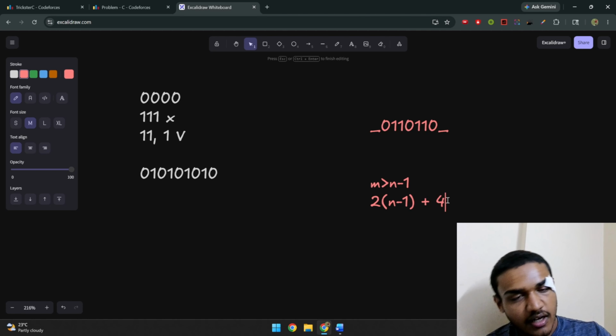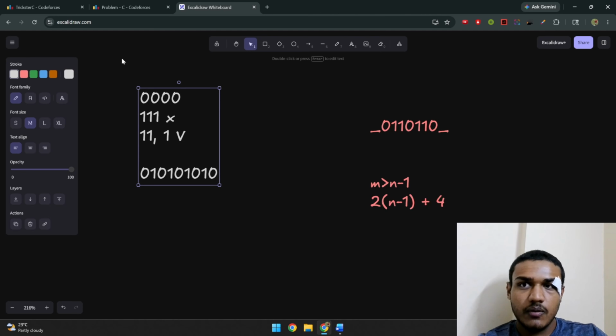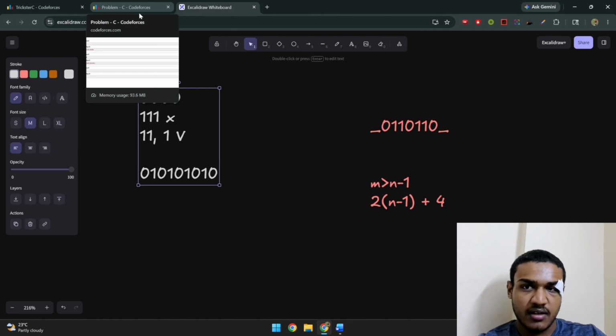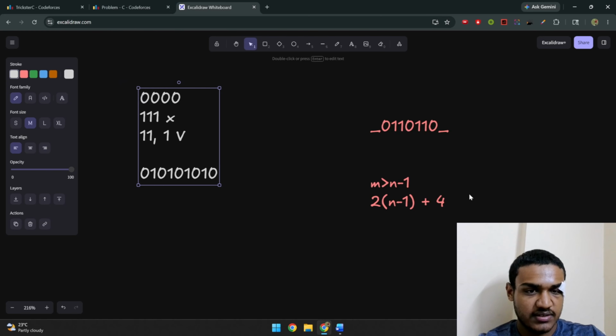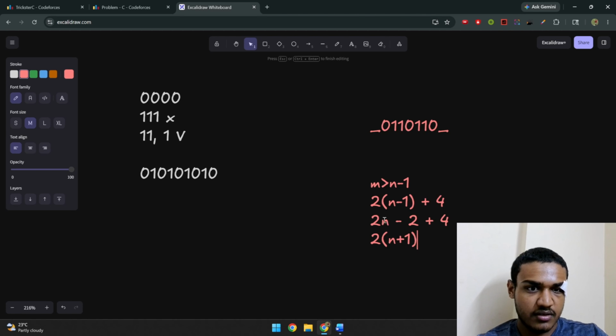So this gives us our upper criteria, which tells us this is the maximum number of ones you can have. Beyond this, you'll have ones cascading or repeating together, forming groups of three, which is against the rule that is given to us. So if we were to simplify this, that would look like 2(n minus 1) plus 4, which would turn out to be 2n plus 2.